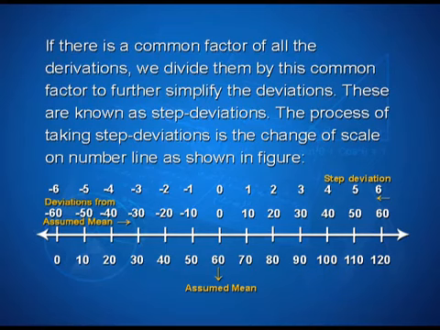After step deviation, because 10 is a common factor, we have divided by 10 and the values have changed to minus 6, minus 5, minus 4, minus 3, minus 2, minus 1, 0, 1, 2, 3, 4, 5 and 6.